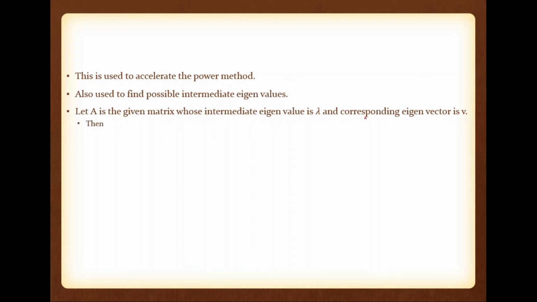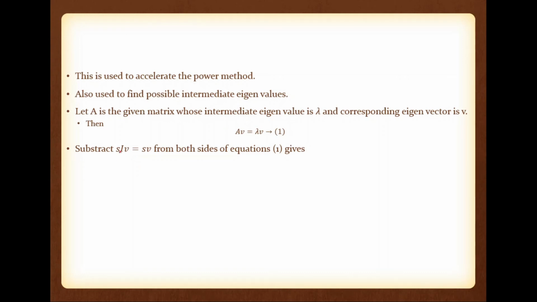So then we can write AV is equal to lambda V. So note it as equation number 1. Okay. So AV is equal to lambda V. Now we are going to subtract S into IV, that is equal to SV, from both sides of equation 1. On the left side I am writing SIV because on the left side we have a matrix A, but on the right side we have lambda, which is a scalar quantity.